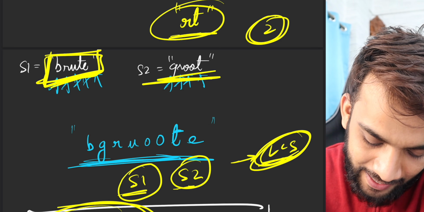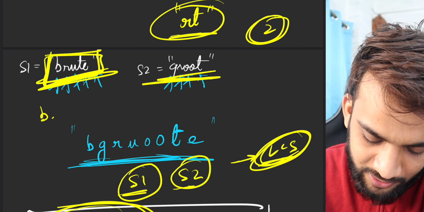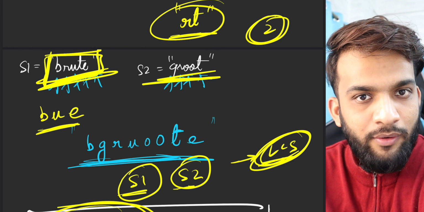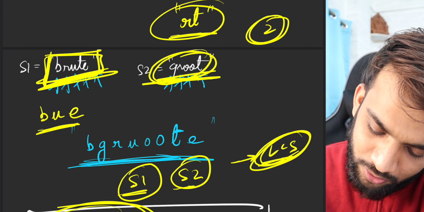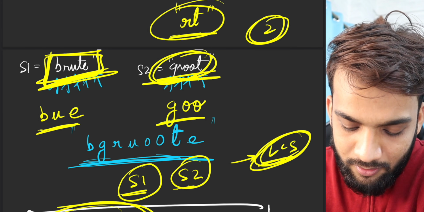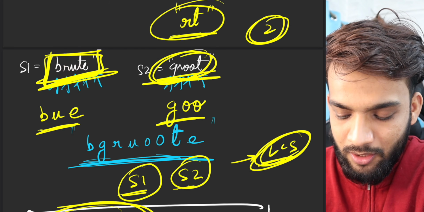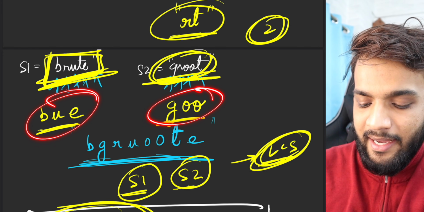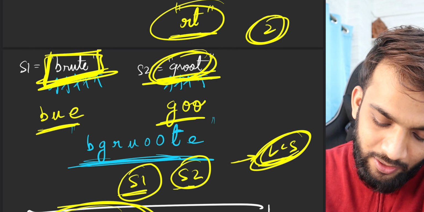So I will be taking BUE, and from Groot, I'll be taking GOO, and I'll not take RT from here. I will take this guy and this guy, and this RT will be just taken once.